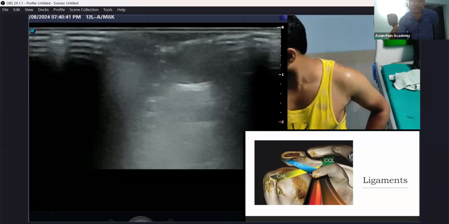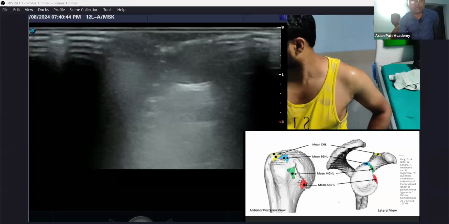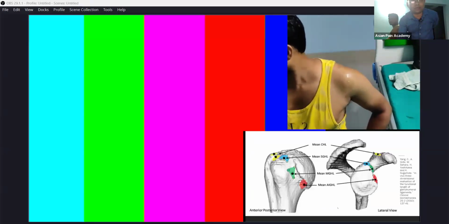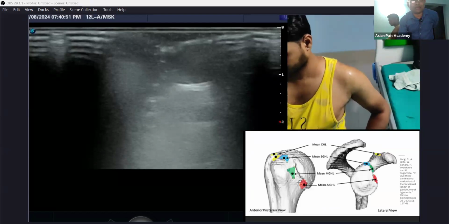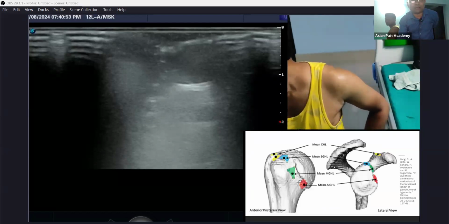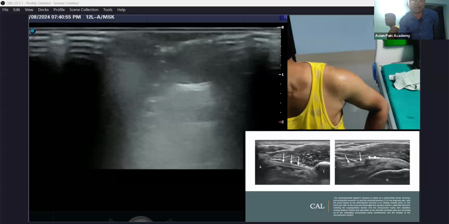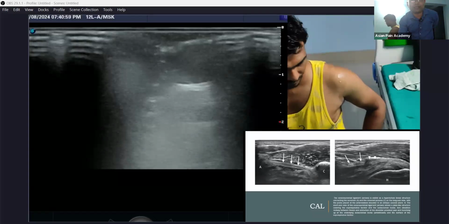We will show. First, remember this picture. Let us see first the coracoacromial ligament because that is much easier to see.